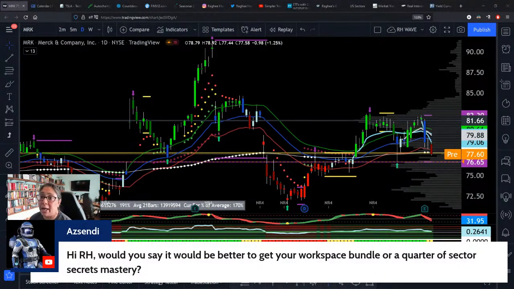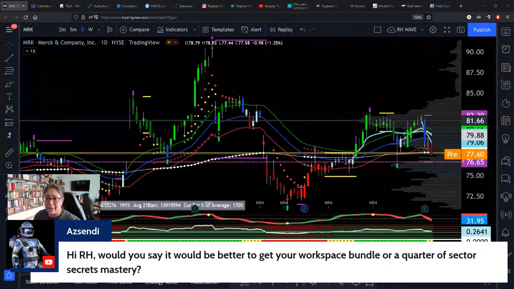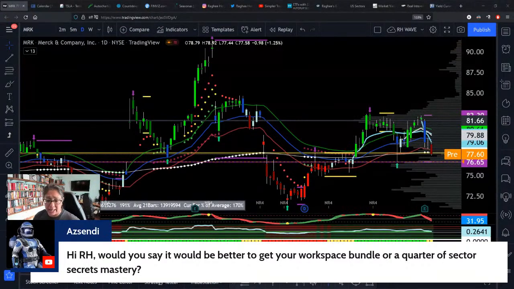Okay, so first up, would I say that it would be better to get the Workspace bundle or a quarter of the Sector Secrets Mastery? Wow, I would say the Mastery. You get a lot of good stuff in the Mastery. The Workspace bundle is great, but they're really two different things. I think I would always start with the education, and that's where the Mastery would come in.